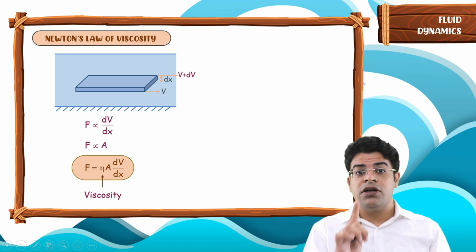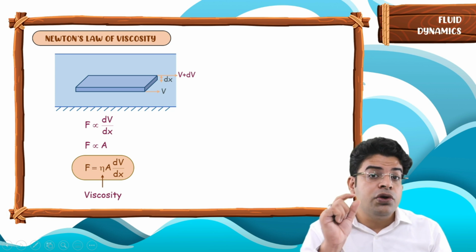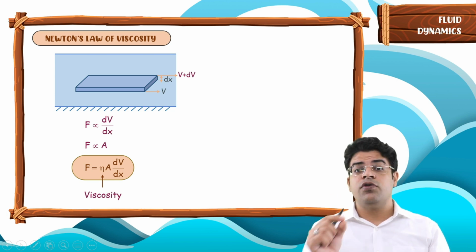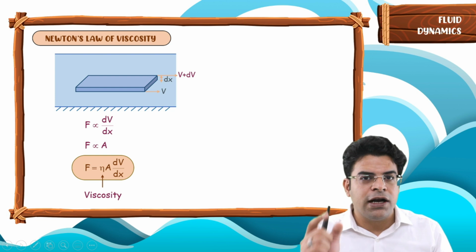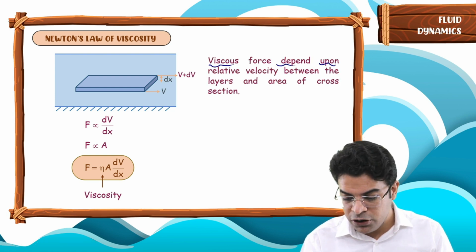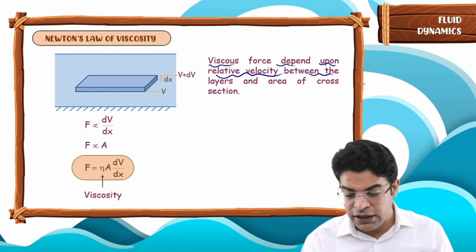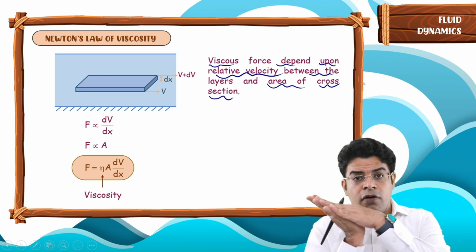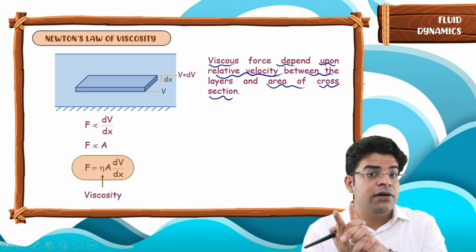Frictional forces do not depend upon the magnitude of relative velocity or the area of contact, while viscous force depends upon both of them. So viscous force depends upon the relative velocity between the layers and the area of the layers we are considering, unlike the friction force.